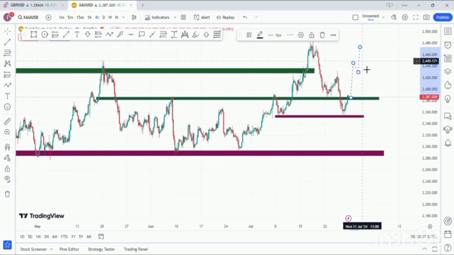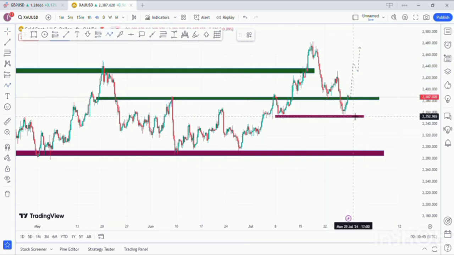But on the flip side, if price decides to reverse from where it is, to break below this support zone right here, I'll just quickly draw that out. We'll be expecting price to give us a confirmation before continuing to the downside, to the next support zone just below, guys. So quickly we'll also move over to the 1 hour time frame so we can get other clearer insights of price movement on XAUSD, guys.